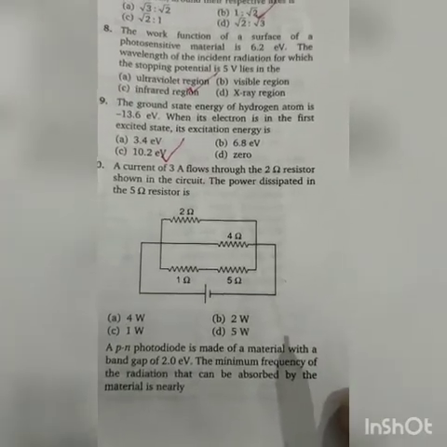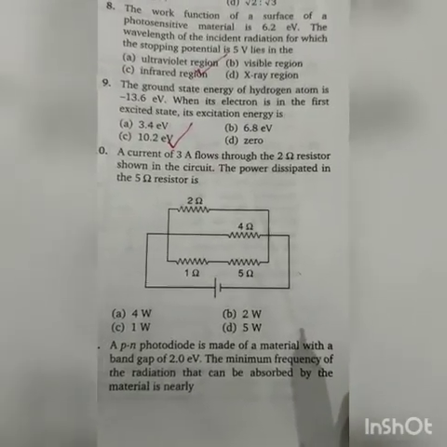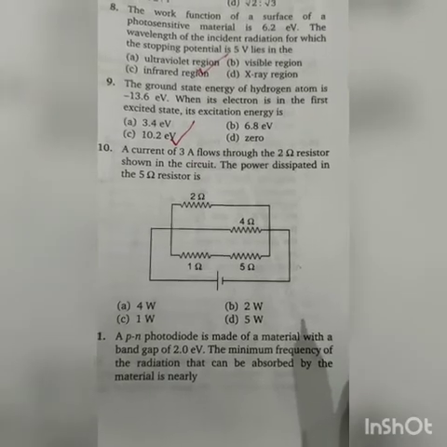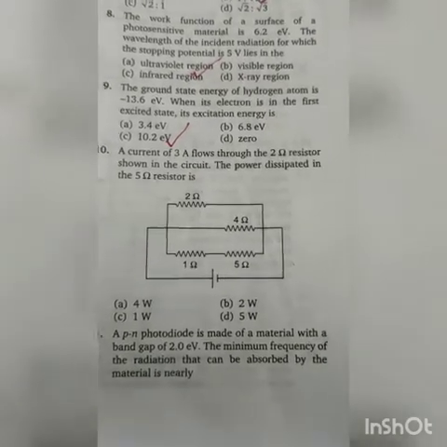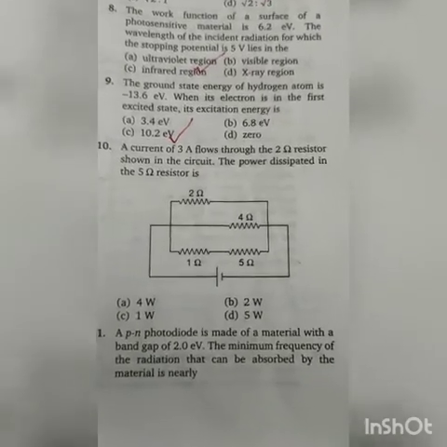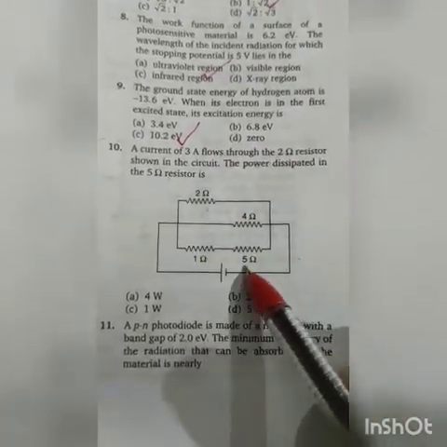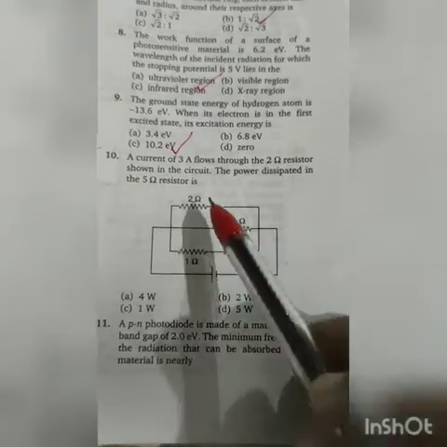Now question number 10. A current of 3 ampere flows through the 2 ohm resistor shown in the circuit. The power dissipated in the 5 ohm resistor is? As we know, here 2 ohm, 4 ohm, and the 1 ohm and 5 ohm branch are in parallel.